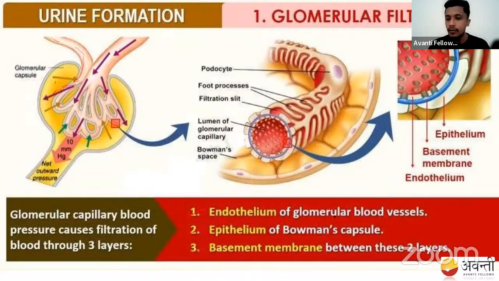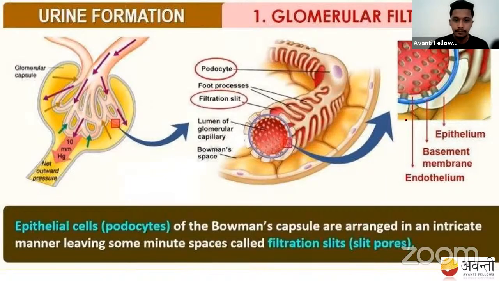That is the endothelium of the glomerular blood vessels, the epithelium of the Bowman's capsule, and the basement membrane between these two layers. You can see clearly in this picture: we have the endothelium here, the basement membrane here, and then the epithelium here. These three layers combined together form the filtration membrane of the blood.